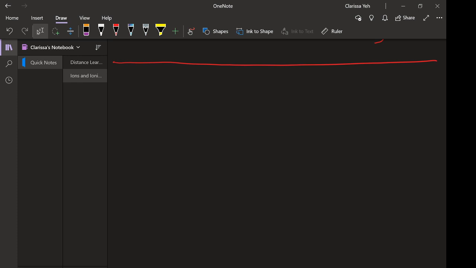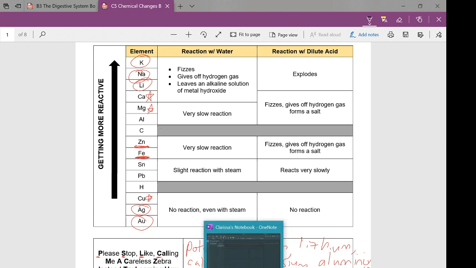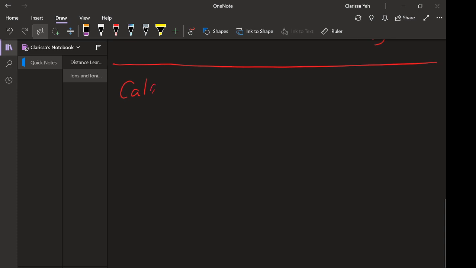Okay, so calcium. I'm going to use an example of calcium plus magnesium oxide, arrow.